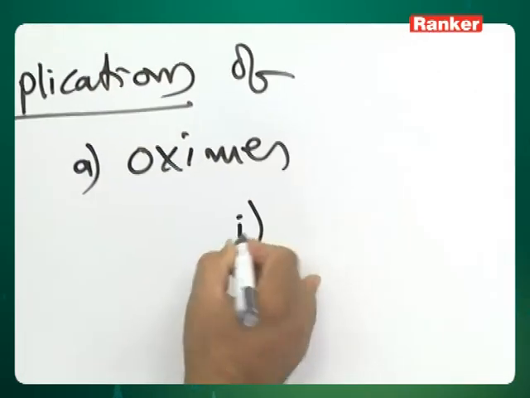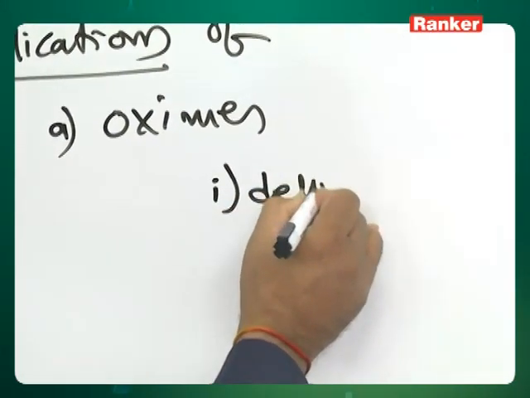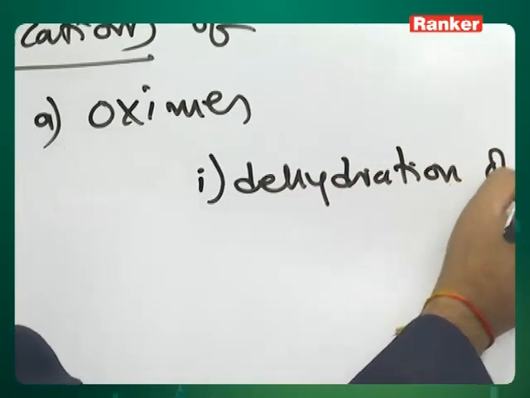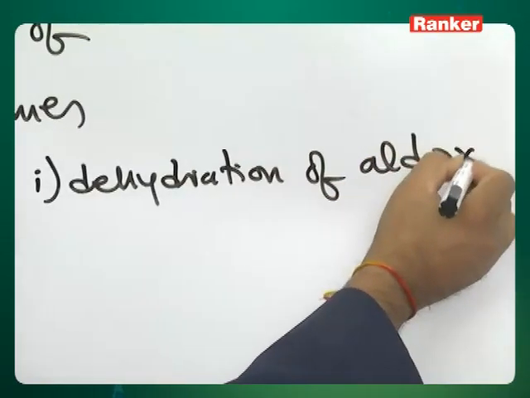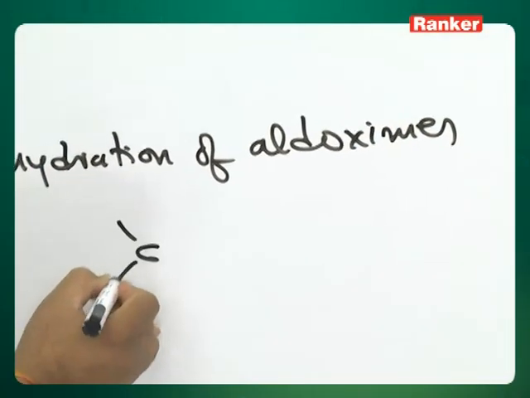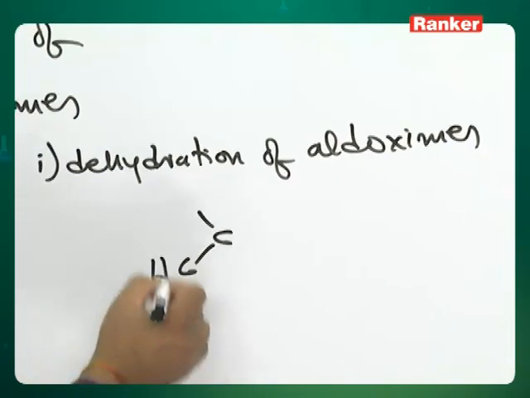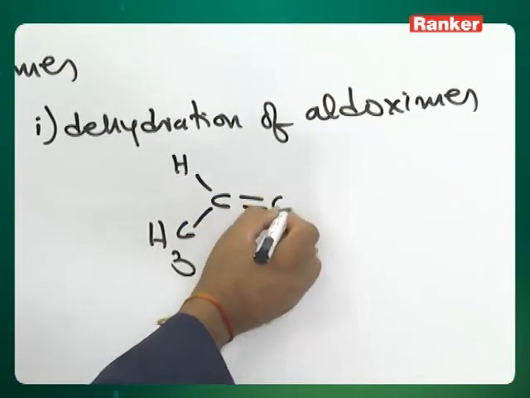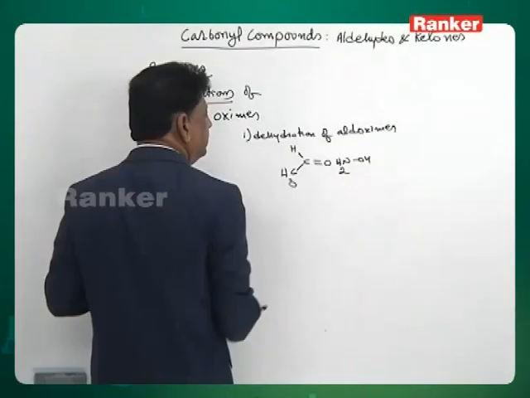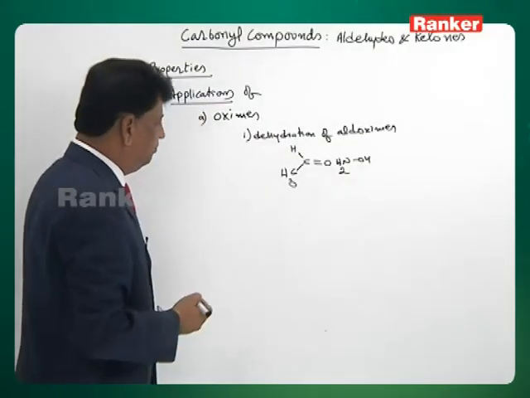One is dehydration of oximes, especially aldoximes. So, any aldehyde, for example acetaldehyde, is taken. Acetaldehyde I have taken as an example, but let us first convert acetaldehyde into the oxime. Okay.